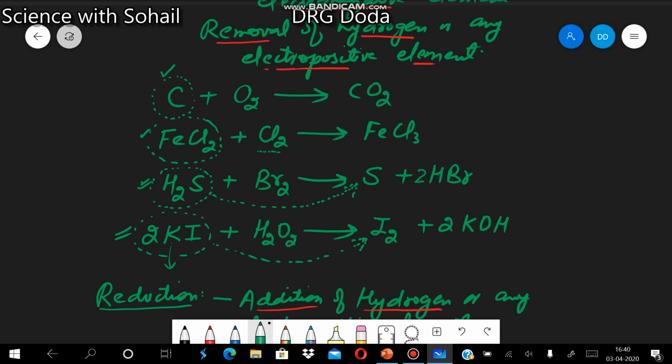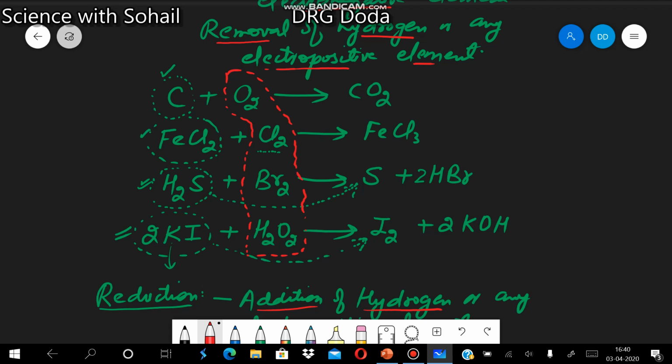Now which species are responsible for their oxidation? These are the species: oxygen, chlorine, bromine, hydrogen peroxide. These are the species which are bringing about the oxidation of carbon, ferrous chloride, etc.